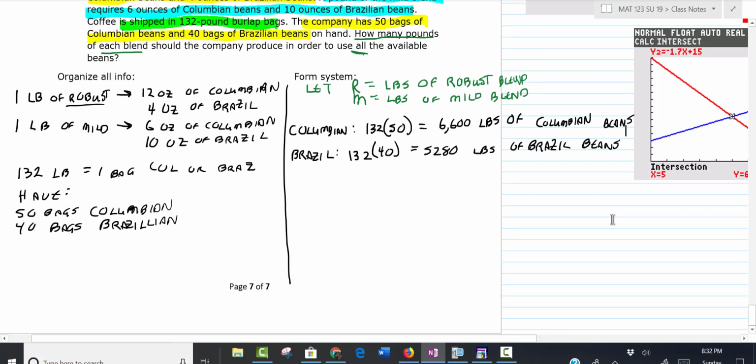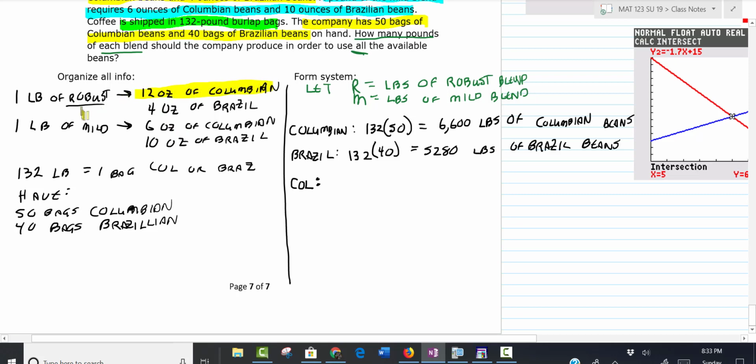All right. Now, we got to start putting this stuff together. Like I said, we're going to have an equation for the Colombian beans, which are making up the robust and mild blends. So let me just highlight what we have.